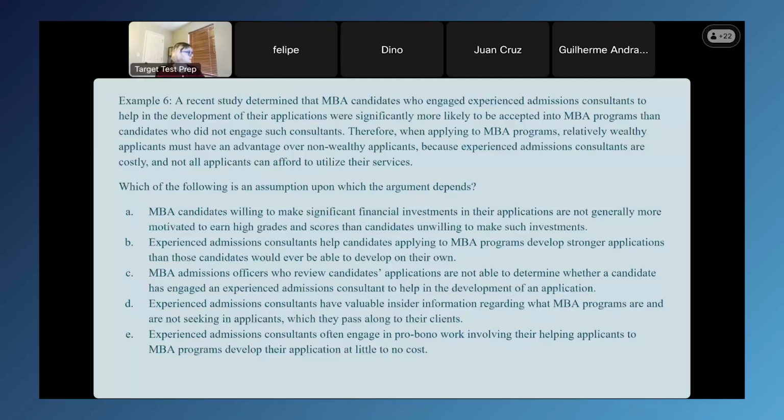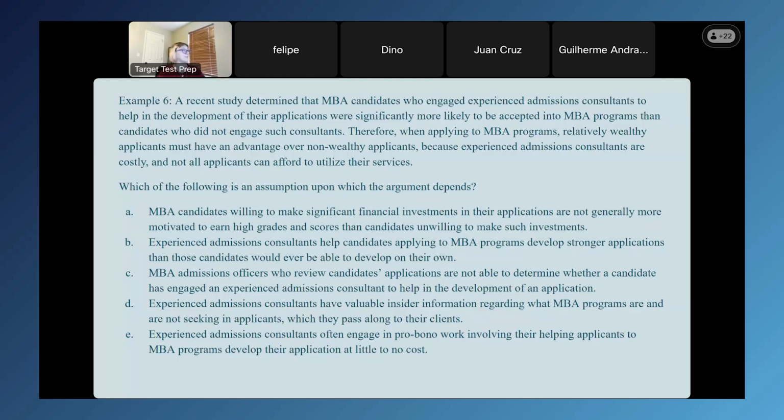And E, experienced admissions consultants often engage in pro bono work involving their helping applicants to MBA programs develop their application at little to no cost. That is a weakener. And also, it kind of argues with the premise about admissions consultants being costly.